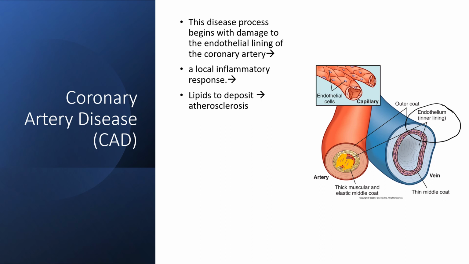This buildup of lipids that is occurring is what we call atherosclerosis. And that buildup that you're starting to see inside the lumen of the coronary artery is called an atheroma or a plaque.